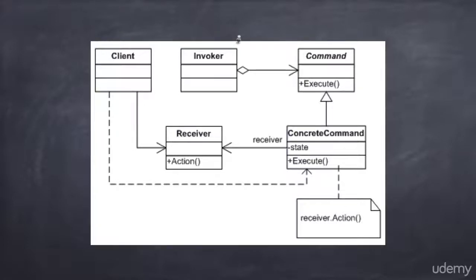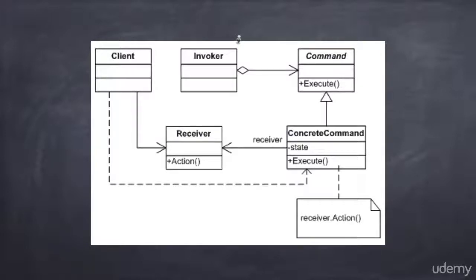There is a derived class called concrete command, which inherits from command and implements the execute method. The class contains a reference to a receiver object called receiver, and it uses this reference in the execute method. You can see in the diagram that the concrete command class calls a method called action in the receiver object to execute the command.